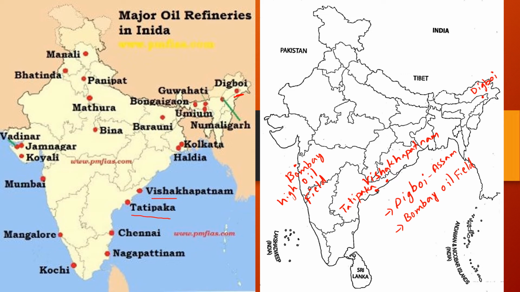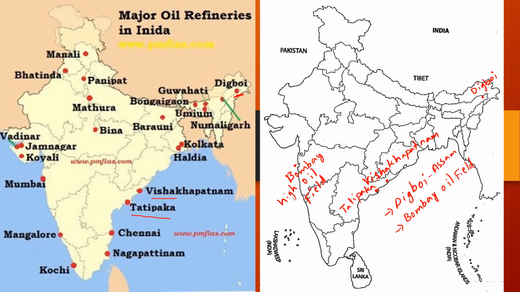This Visakhapatnam and Tatipaka, they can ask as deltas of Krishna and Godavari. Clear? If they ask for the deltas of Krishna and Godavari, now you need to mark both places, Visakhapatnam and also Tatipaka. Or if they ask individually for Visakhapatnam, then you can mark that place.